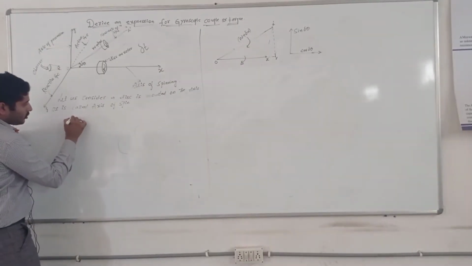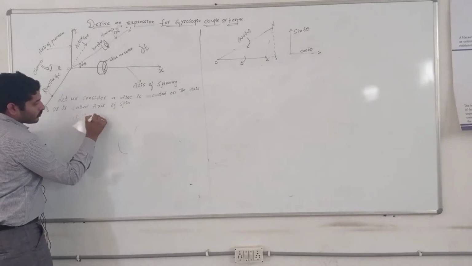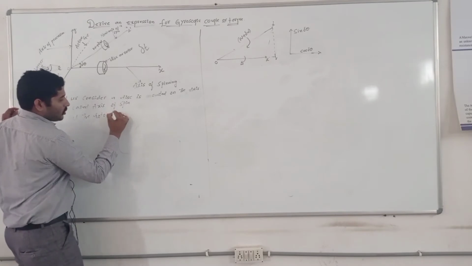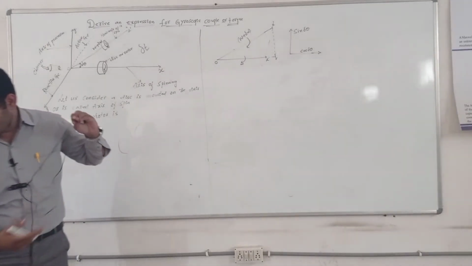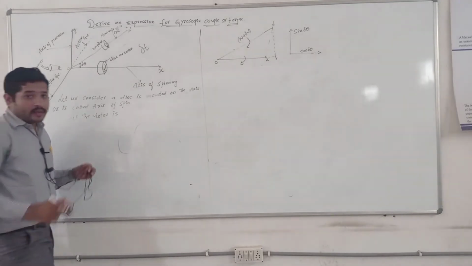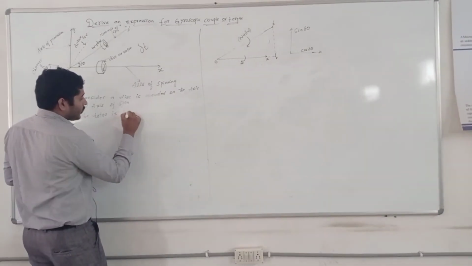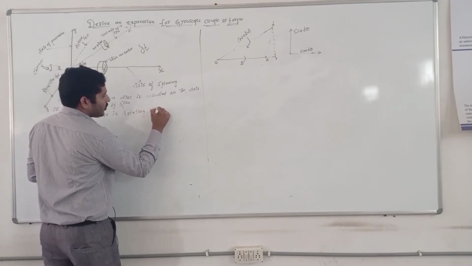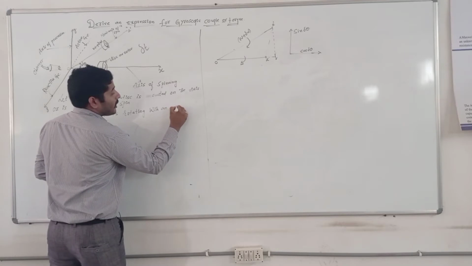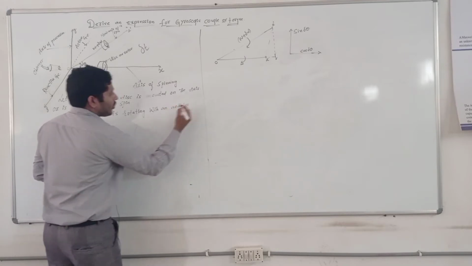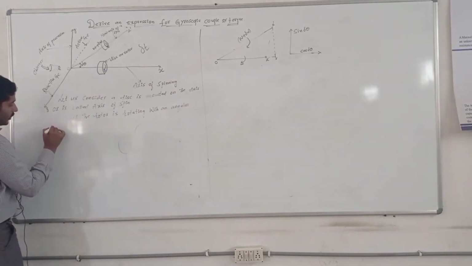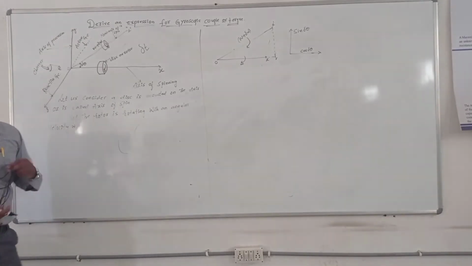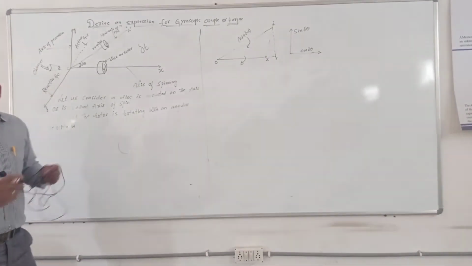Let the rotor be spinning with an angular velocity omega initially.